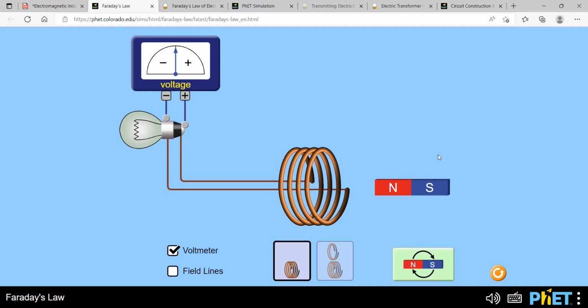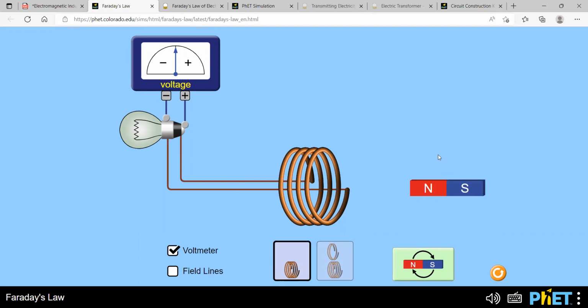One way is moving the magnet. Here I cannot do the other because this coil is fixed in this simulation, but you can also move the coil towards or away from the magnet while the magnet is fixed. That also changes the magnetic field in the coil.